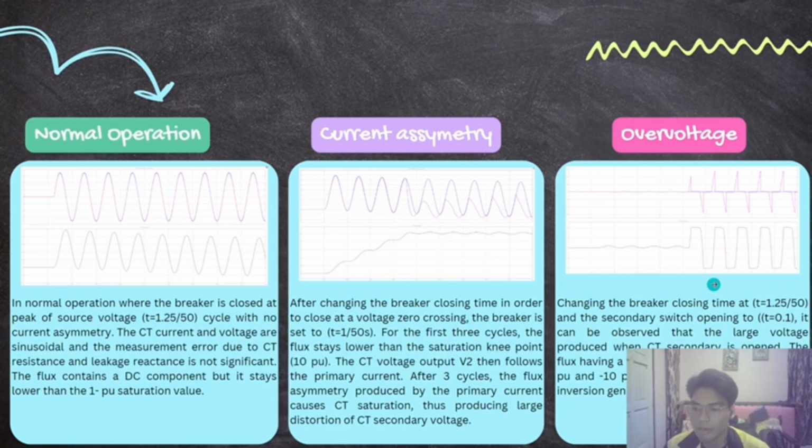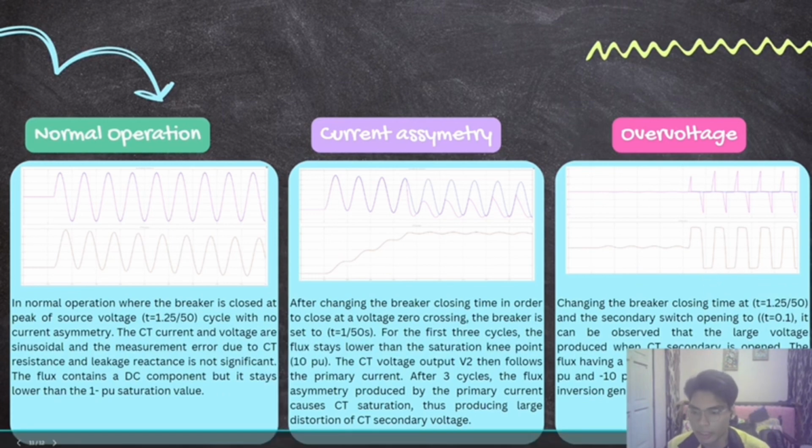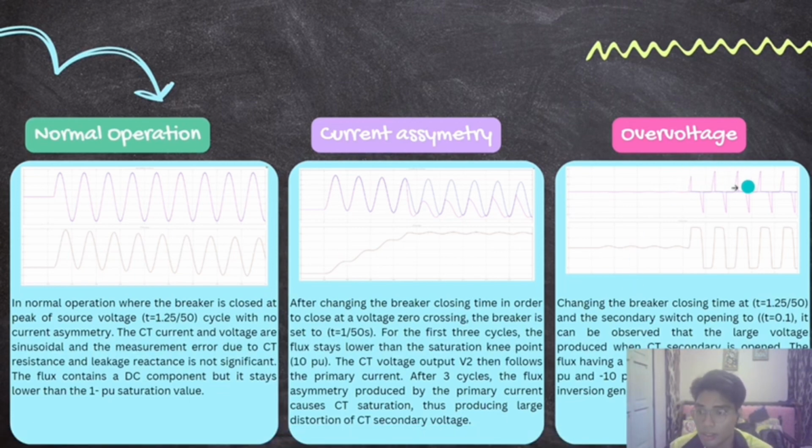A large dphi over dt produced at flux inversion generates a high voltage spike of 250 volts. So this is the voltage spike that occurs due to the secondary winding opening, and this is the square wave of the flux density.